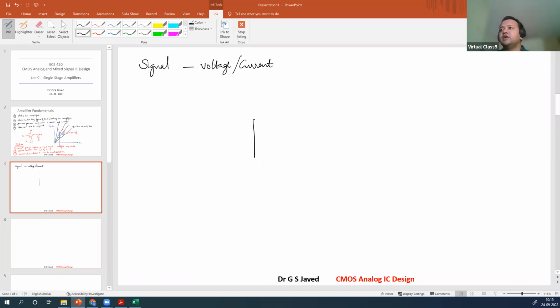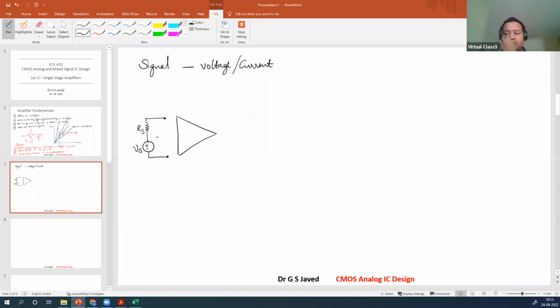So assume you have an amplifier, right? Now in this amplifier, you need to apply an input voltage and you want to get an output voltage. So how do you apply an input voltage? You'll apply a DC voltage and a series resistance, right? This will be RS and V capital S.